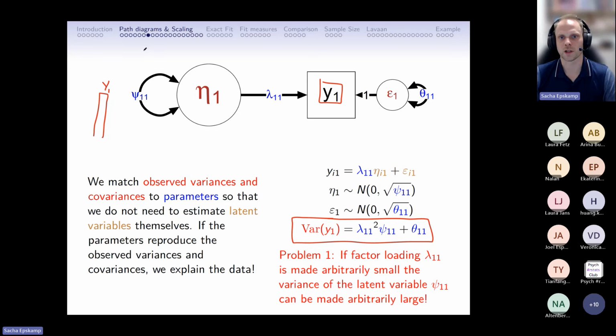We can just look at that, right? So our data gives a variance estimate, which is something that we have. So that's known. We know that, the variance. And we match that to some expression of the parameters, so that we don't have to estimate these latent variables themselves. That's the main idea.